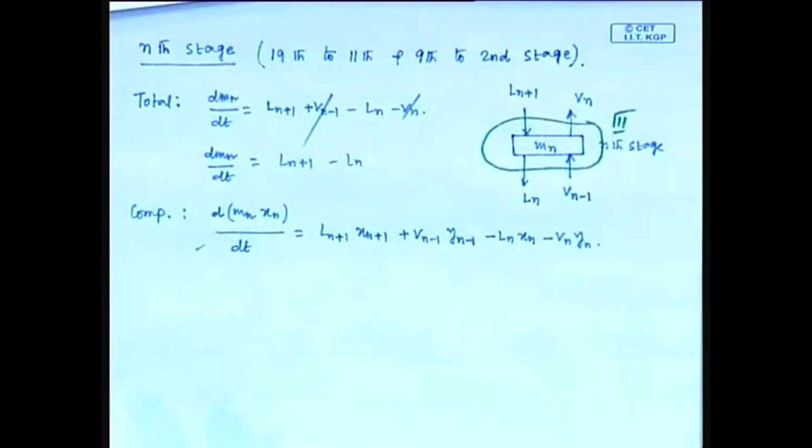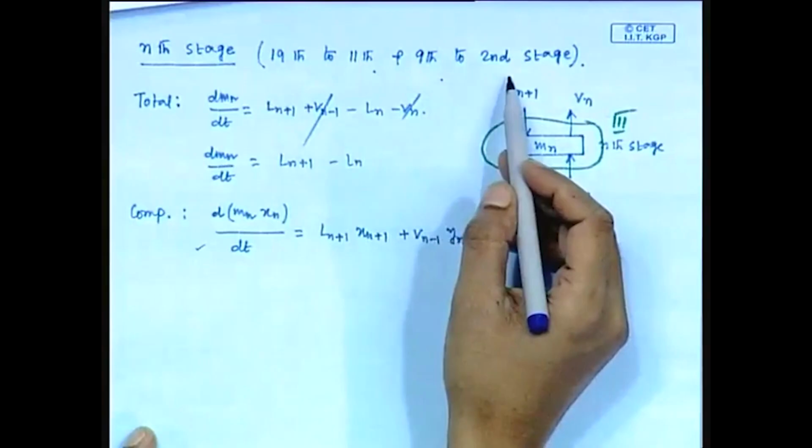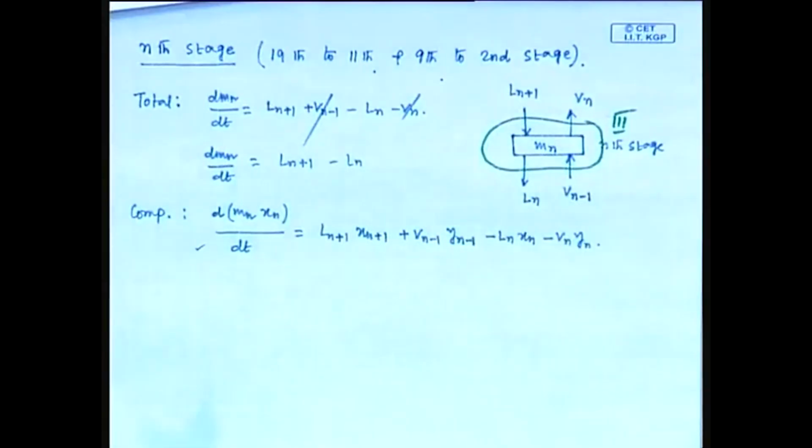Basically, we have considered common nomenclature n for these stages. Fine. That is why we have represented that by n stage, and those are just 19th to 11th and 9th to 2nd stage.